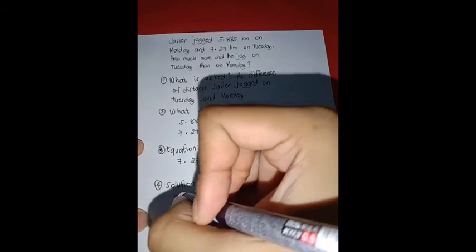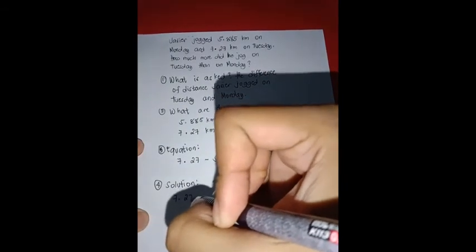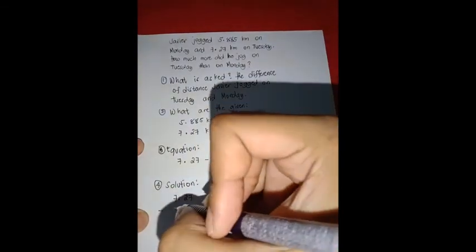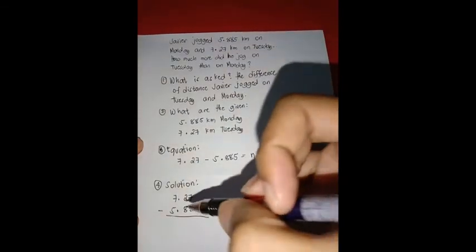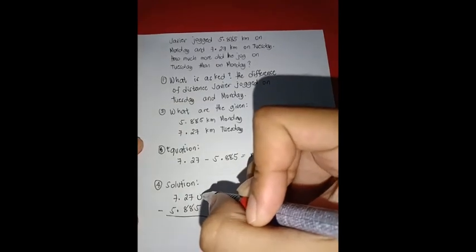So first, 7 and 27, and then subtract by the 5 and 885 thousandths. Another tip, since para hindi tayo mahirapan mag-subtract, so to complete the place value, we will add 0 as a placeholder. So yan.